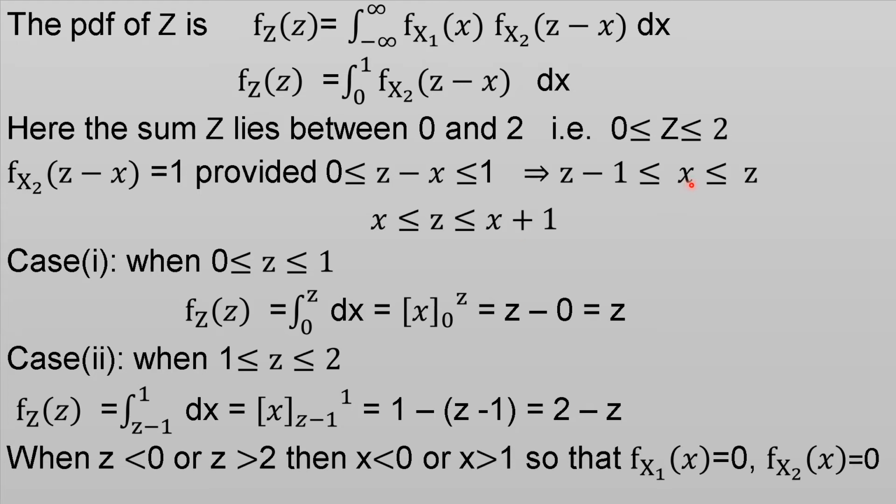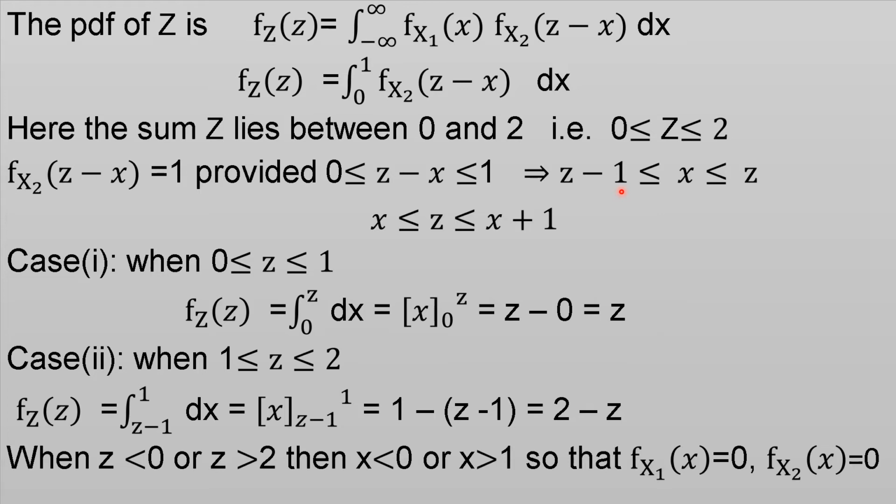We know x is between 0 and 1, so this upper bound is any value between 0 and 1. So for this integral we can take the integral from 0 to that z value, which is any value between 0 and 1. Since x should be less than or equal to z for the integrand to be 1, and that z value is taken as between 0 and 1, the upper limit can be taken as z. For the lower limit, z minus 1, when z is between 0 and 1, this will be between minus 1 and 0.